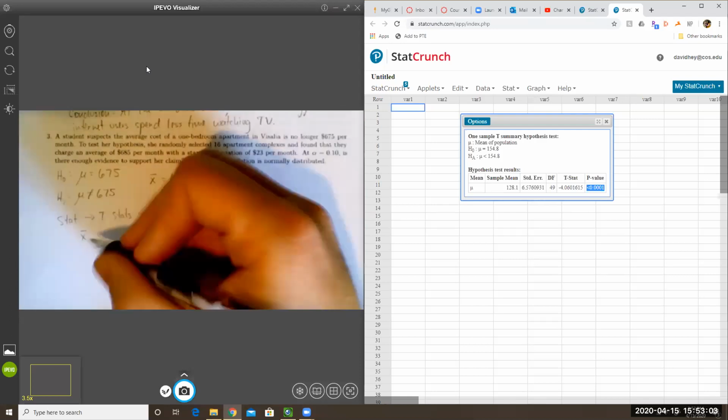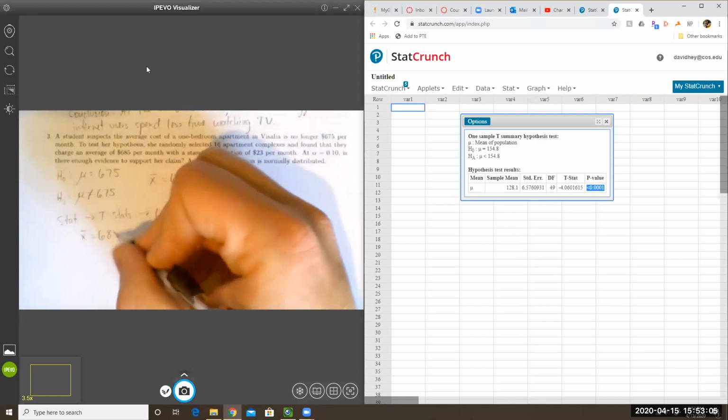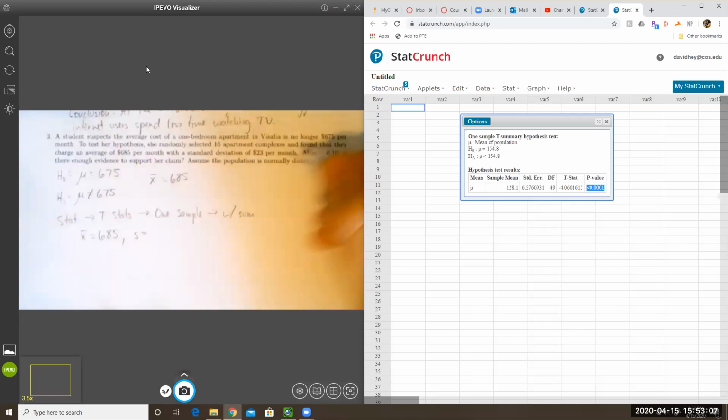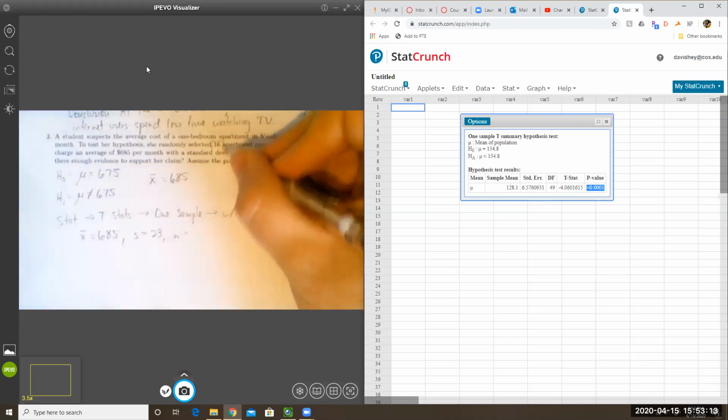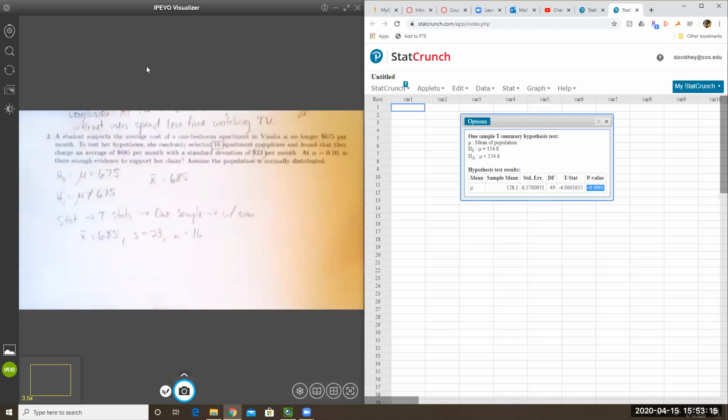We'll enter the sample mean. We'll enter the sample standard deviation. We'll enter the sample size. Let's see what we get.